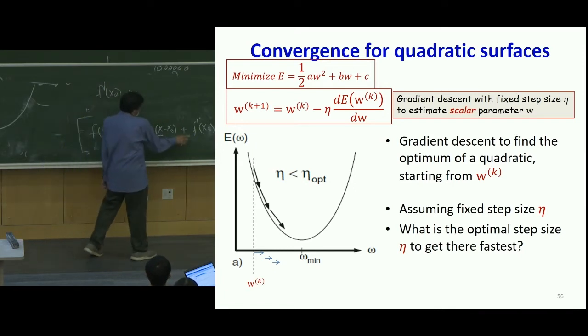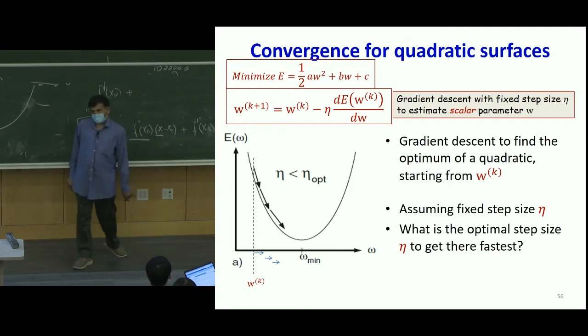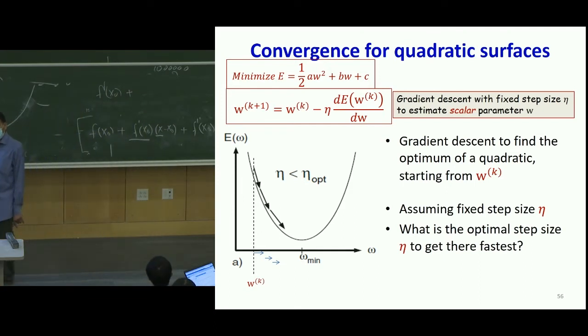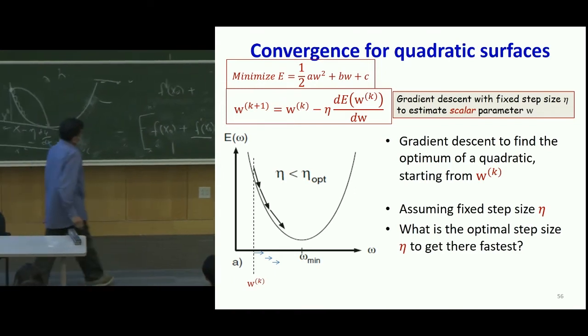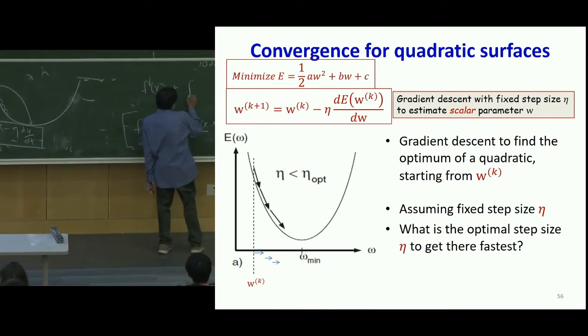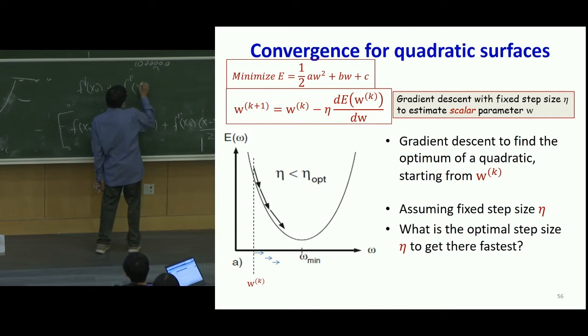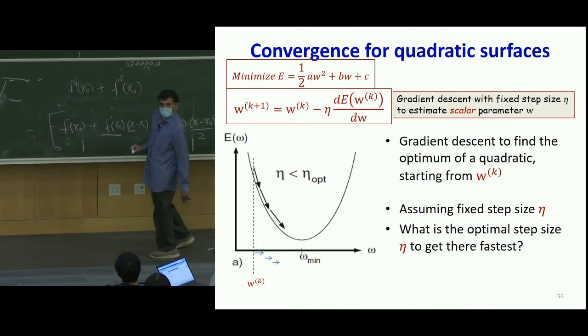Plus, what does the second term give me? It's going to give me f double prime of x0 times x minus x0. Equate this to 0.